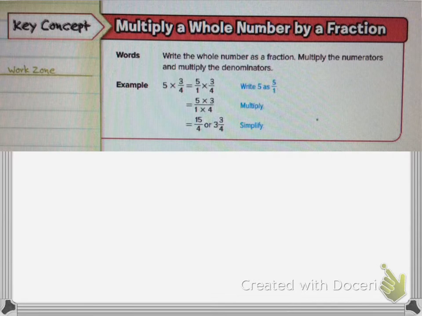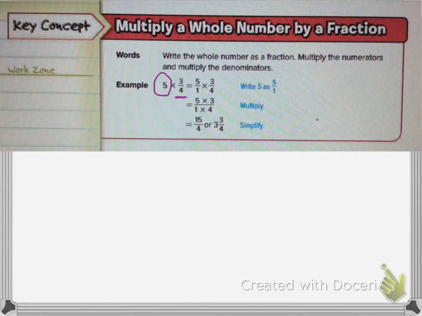Turn the page. So now we're on page 266. Okay, and we're talking about multiplying a whole number by a fraction. This is one of the toughest things, and the main thing you have to remember when multiplying whole numbers, okay? A whole number is just a number all by itself, okay? And then this is the fraction, okay?